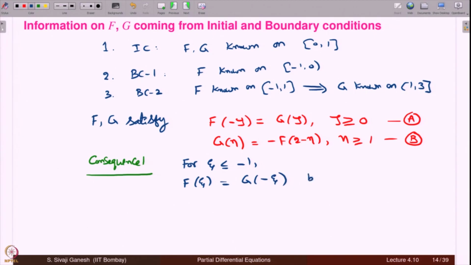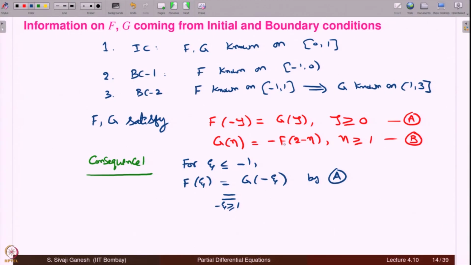This is by A, because if xi is less than or equal to minus 1, xi is negative, and for negative things we know by A you can get this relation. But now xi less than or equal to minus 1 means minus xi is greater than or equal to 1. When somebody is greater than or equal to 1, B is applicable.